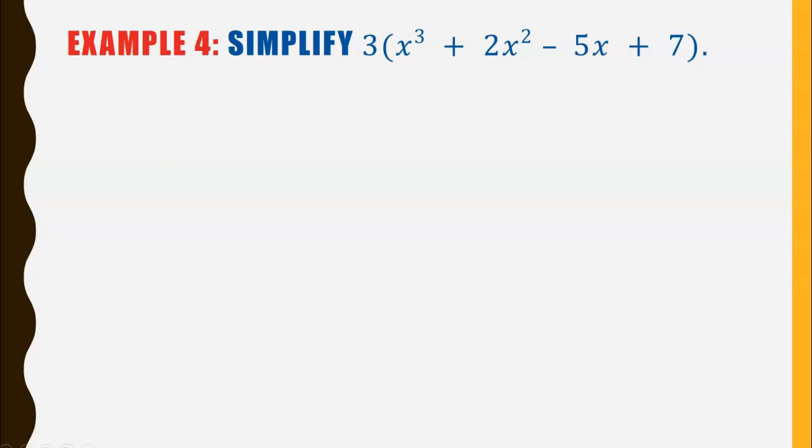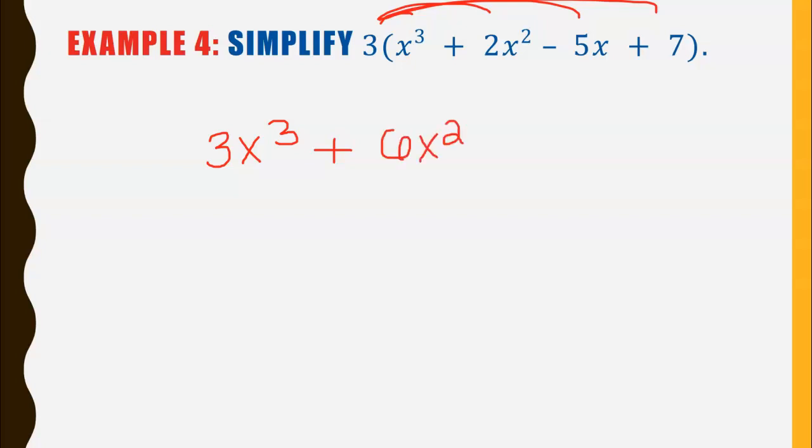Okay. Once again, we're just distributing. Luke, what's 3 times 2? So I get 6x squared. Jensen, what's 3 times -5? Perfect. -15x. Nevaeh, 3 times 7.